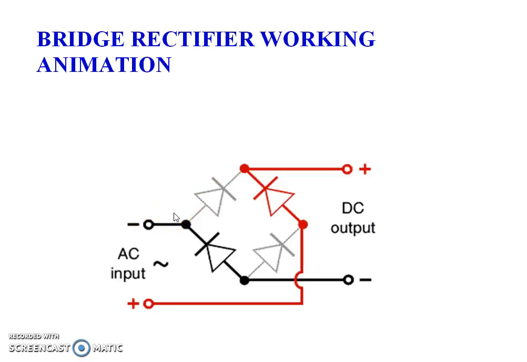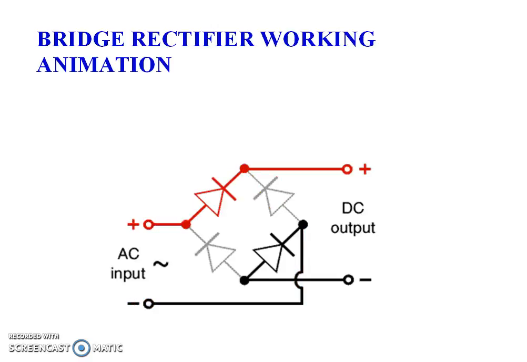During the negative half cycle, these two diodes will be forward biased, and those two diodes help you get the output waveform. That is, the negative half cycle now comes to the output side. So this sort of bridge circuit helps you get both the positive as well as the negative half cycles, but with a single polarity.